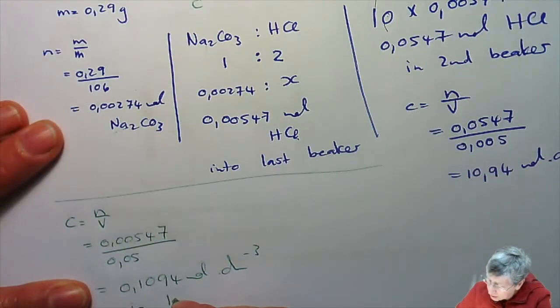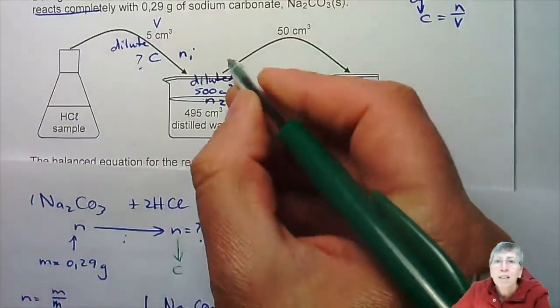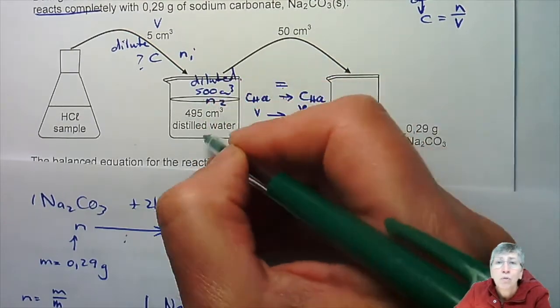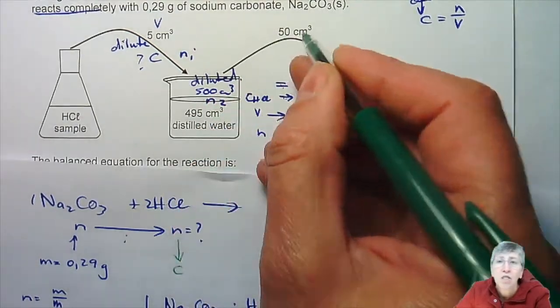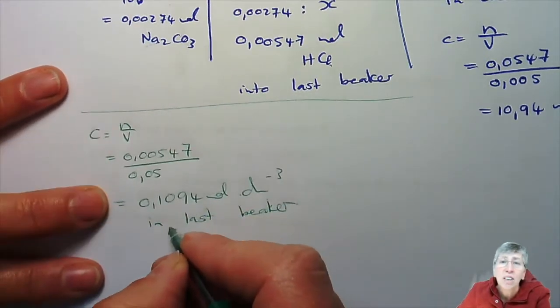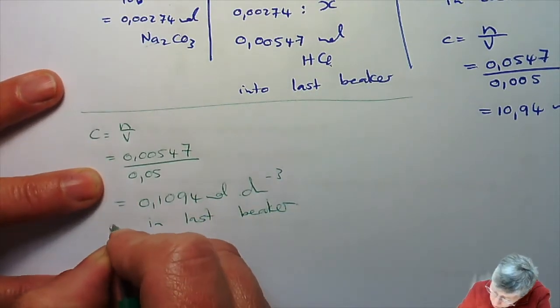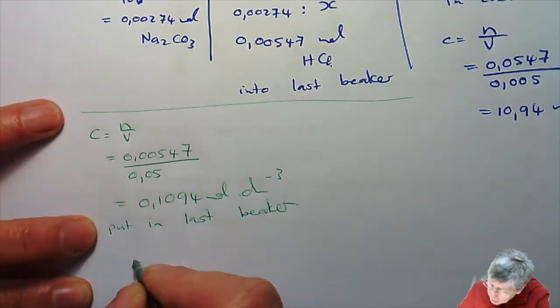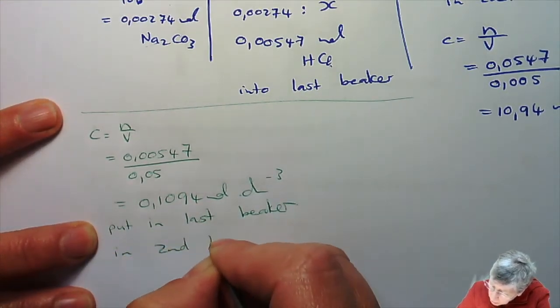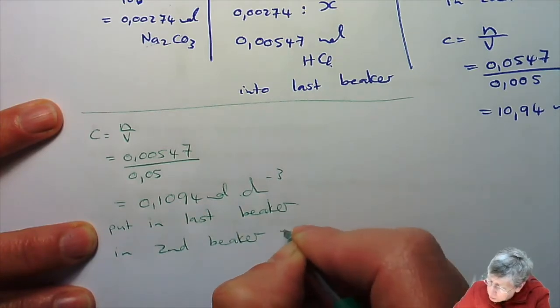But remember we said the concentration didn't change, right? The volume and the moles that we took from here changed, but the concentration stayed the same. So that is actually the concentration that we put into the last beaker, and that is also the concentration in the second beaker, right? The diluted one.